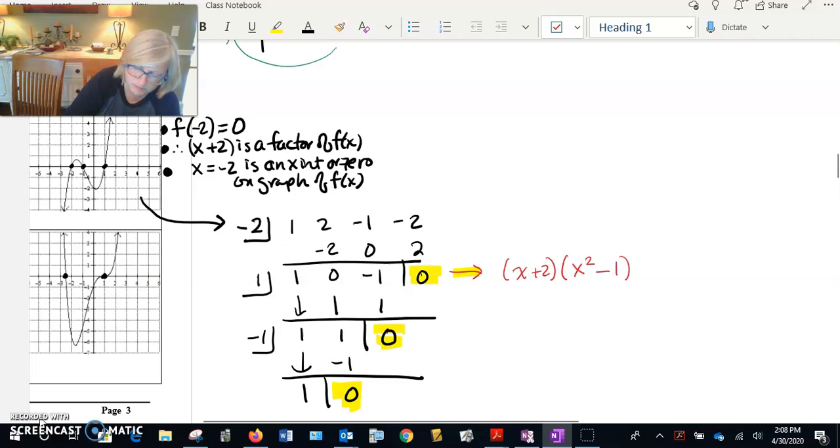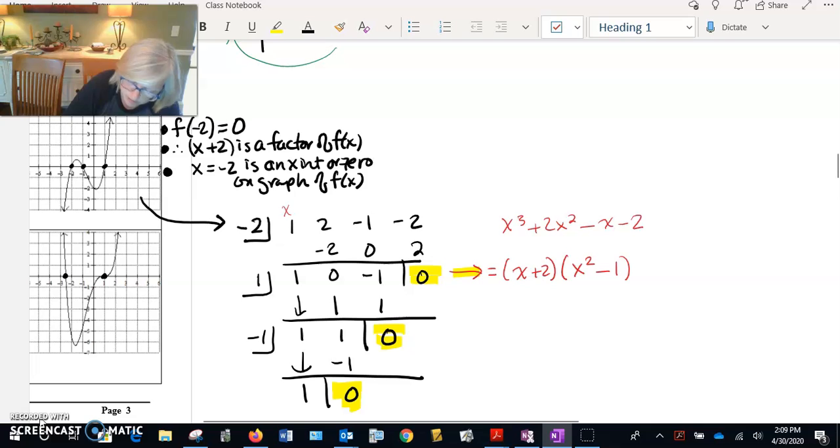I remember our polynomial we started with was, hold on, what did we start with? Sorry, my bad. Yeah, it was x cubed. So I started with x cubed plus 2x squared minus x minus 2. After that step, I know that it's equal to x plus 2 times x squared minus 1.